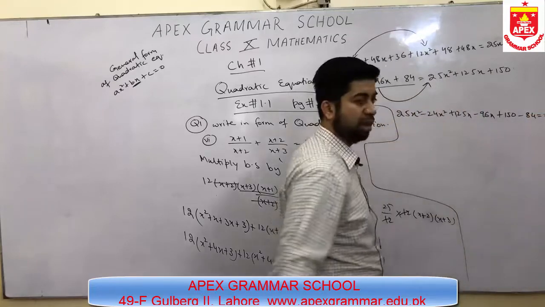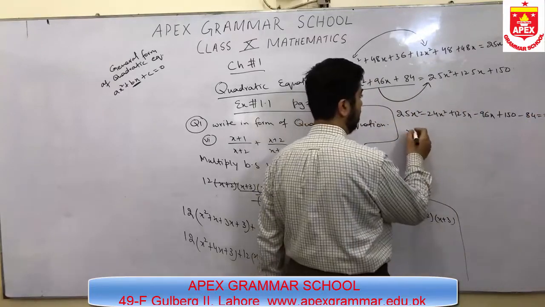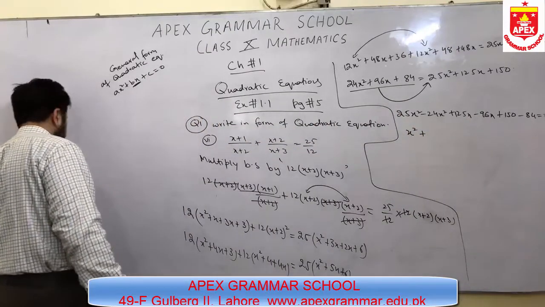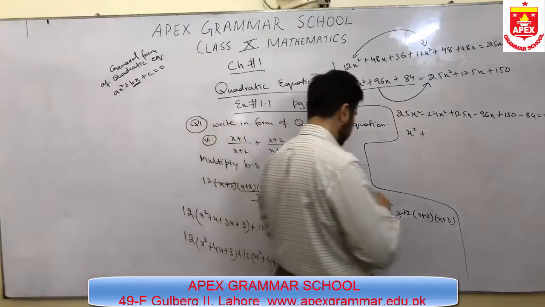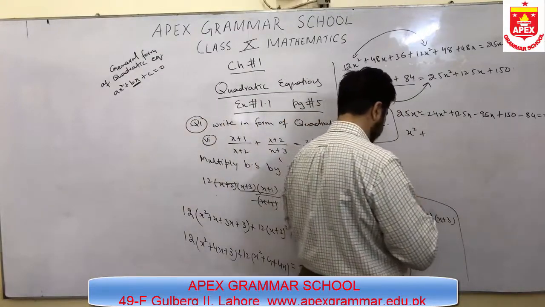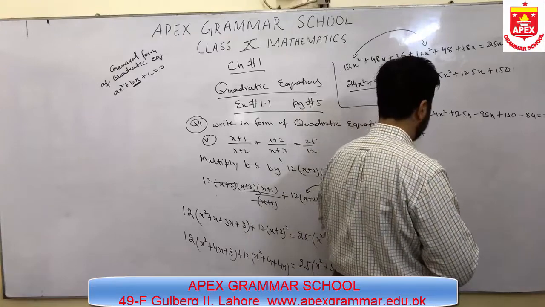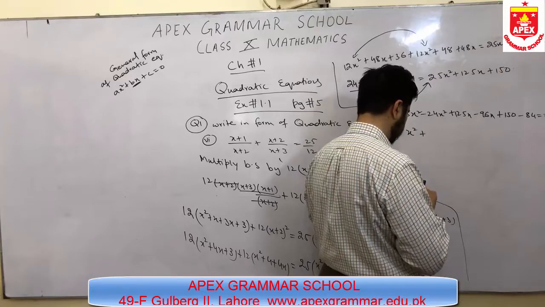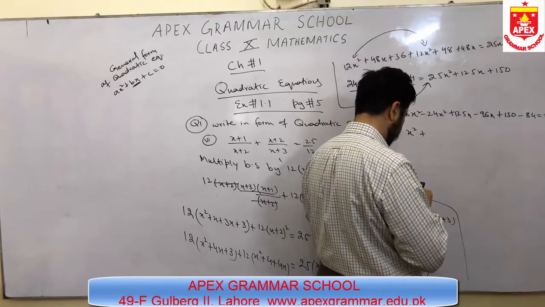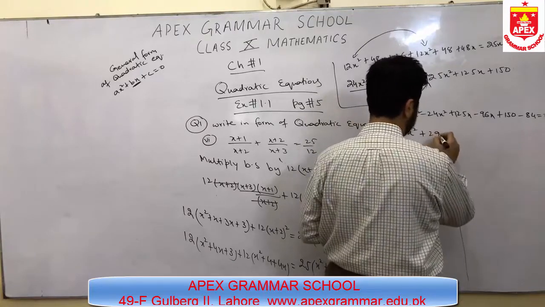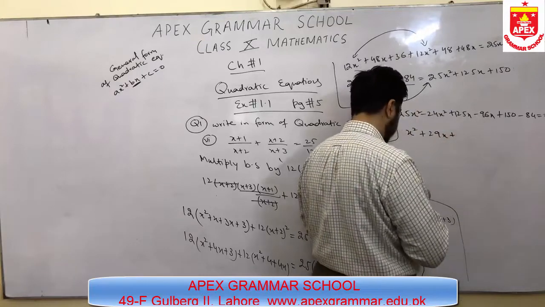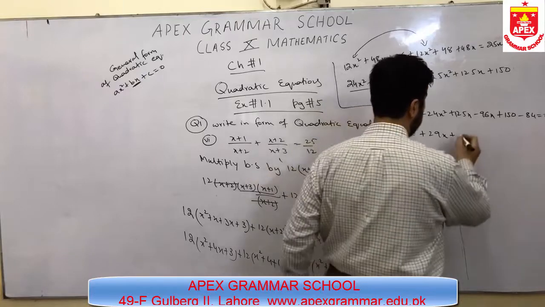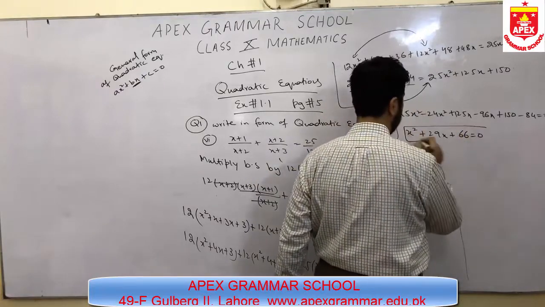So 25x square minus 24x square, that is x square, 125x minus 96x, you have to calculate it. 125 minus 96 is 29x, 150 minus 84 is 66, is equal to 0.